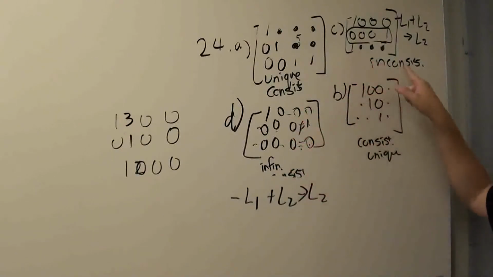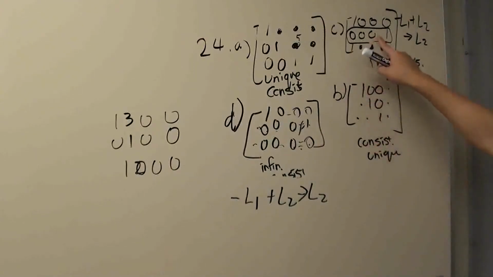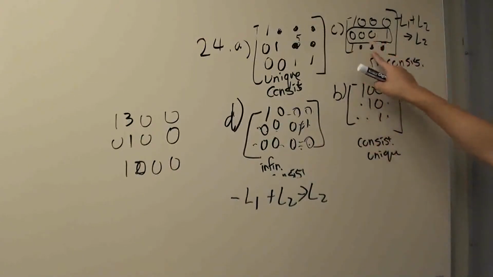Let's look at this one. It says inconsistent, like we said, right? So that seems to triumph everything, right? But let's see if there's any way to use the third row to do something so that we can create multiple possibilities. Can we do that?